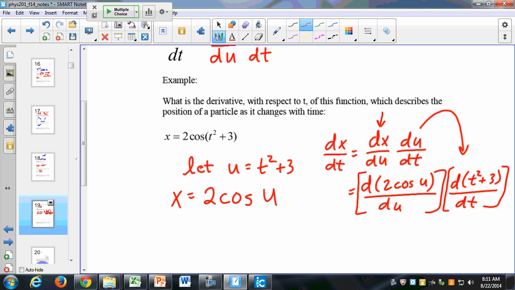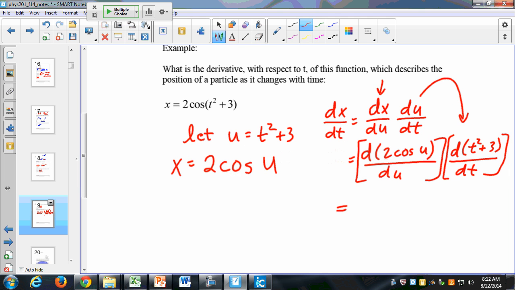When we get into oscillations, we'll be taking derivatives of trig functions, and this will become useful. We'll revisit it then. But I just want to repeat it because it's a very useful rule to use in finding derivatives. All right, and so the derivative of 2 cosine u is negative 2 sine of u. And the derivative of t squared plus 3, what is that equal to? Just 2t, right? So the derivative of that is 2t.